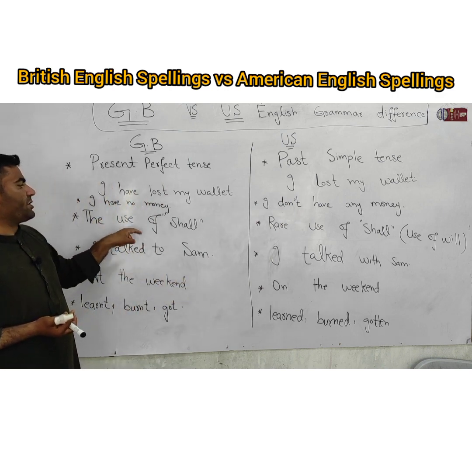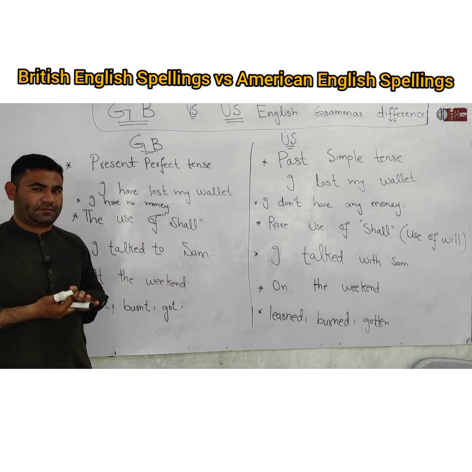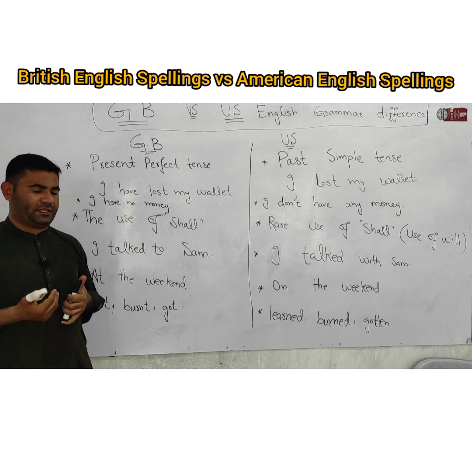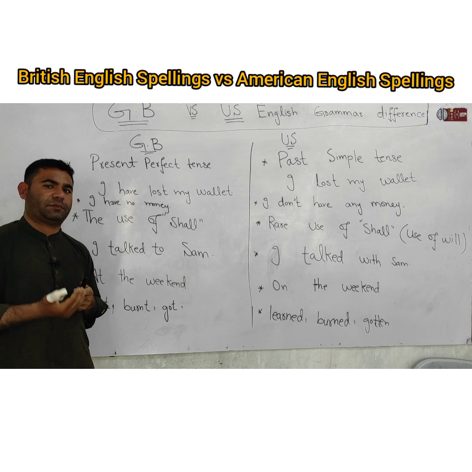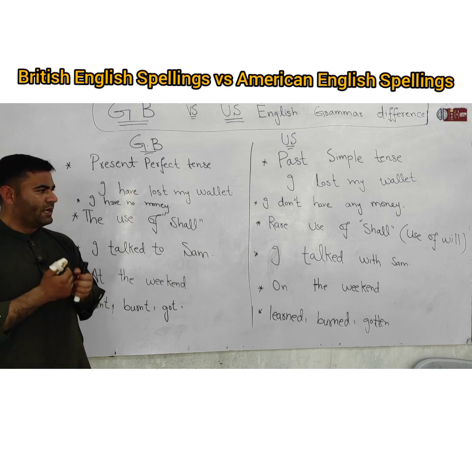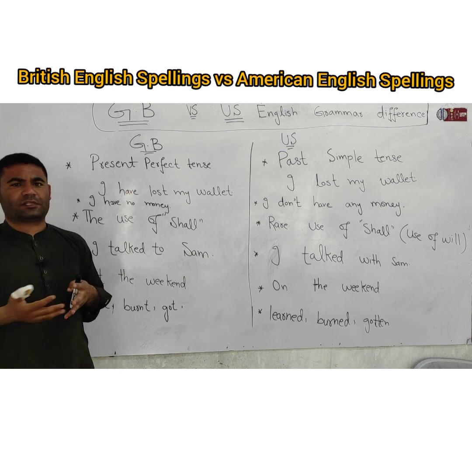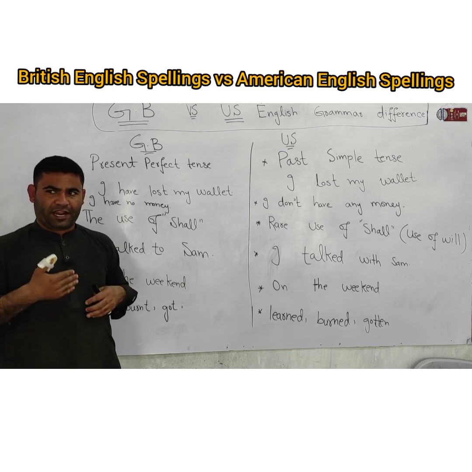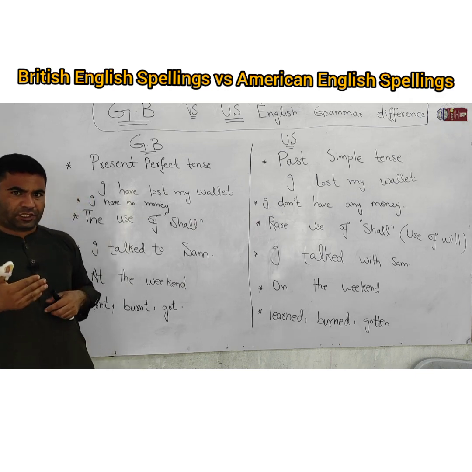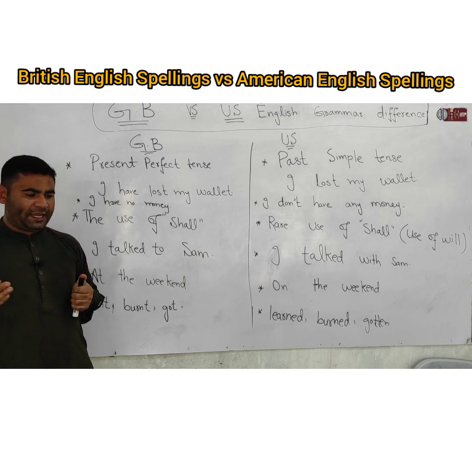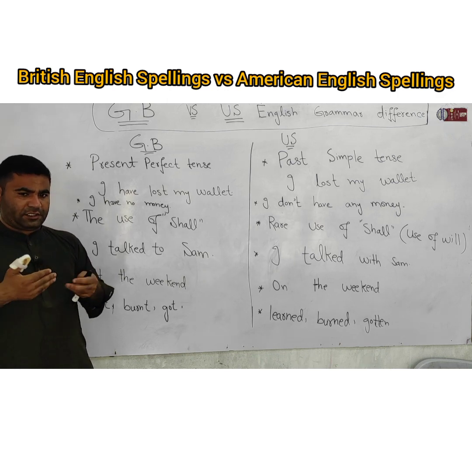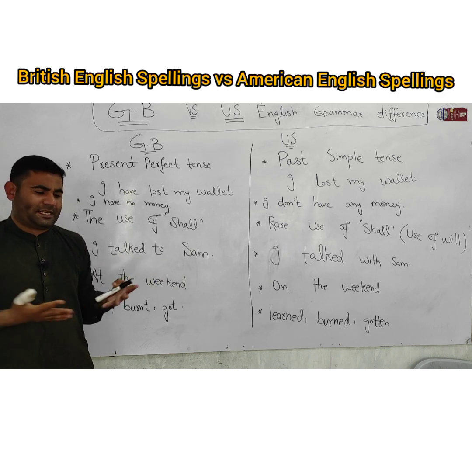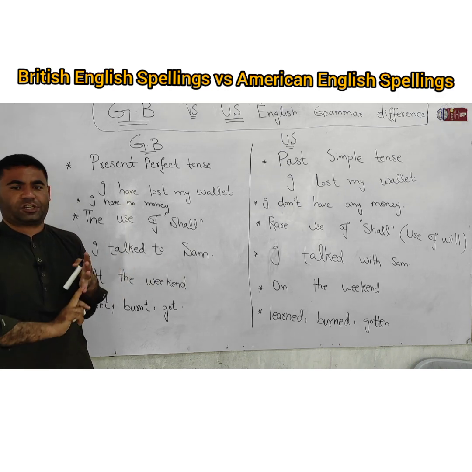Then the use of "shall" still exists in British English. With I and we, they use shall. For example, "I shall play cricket, we shall play cricket." And there are some rules: the British sometimes use shall with we, you, they for emphasis, and for normal or probable sentences as well.